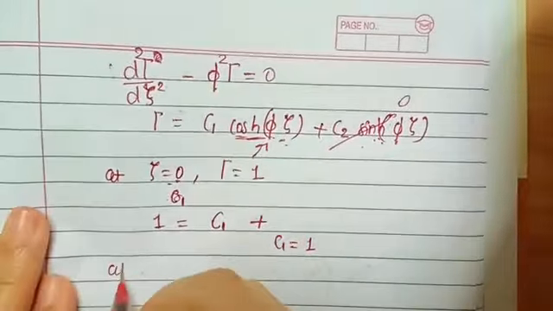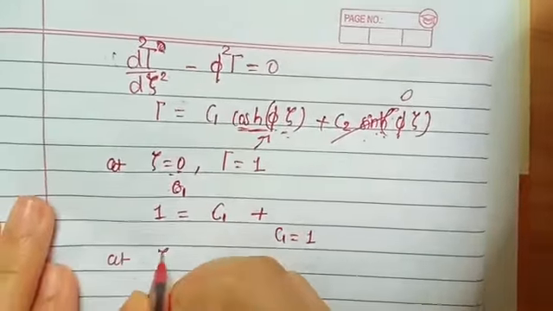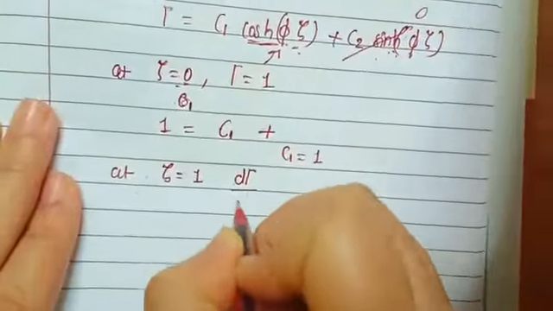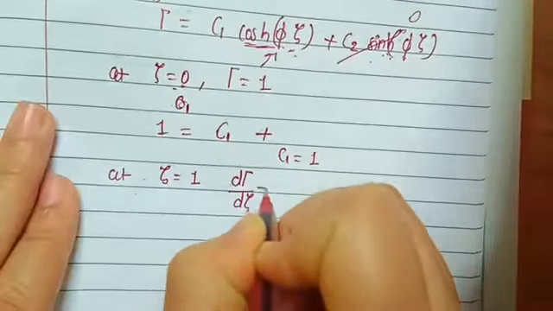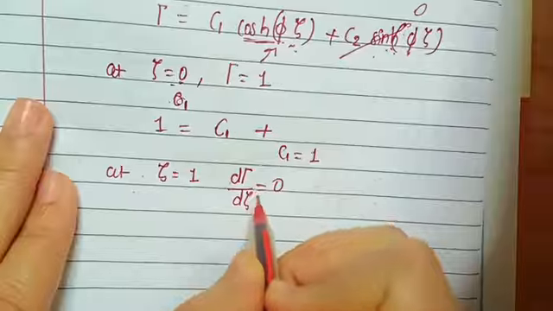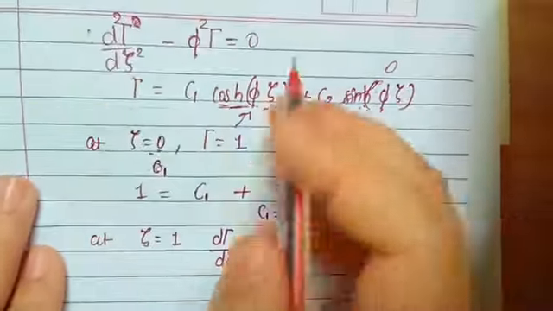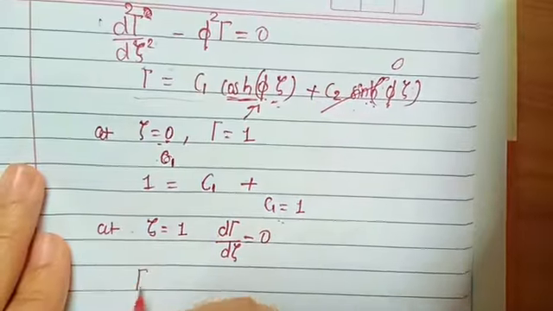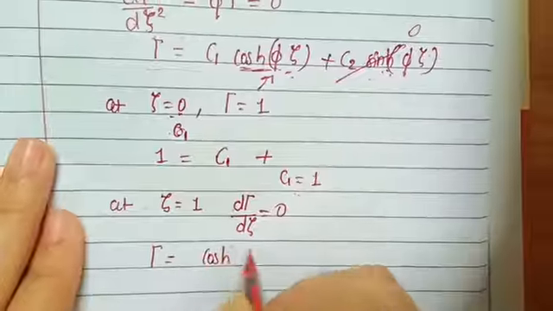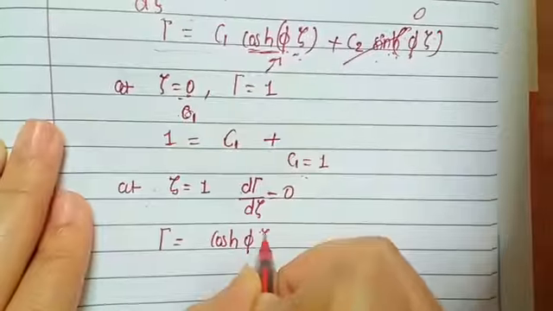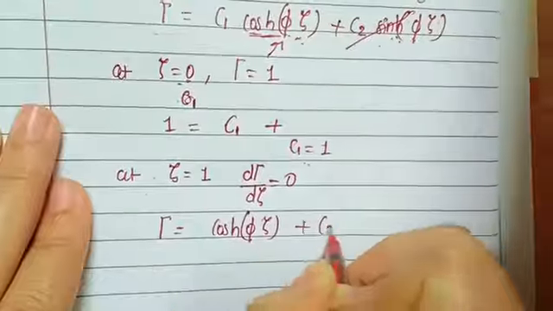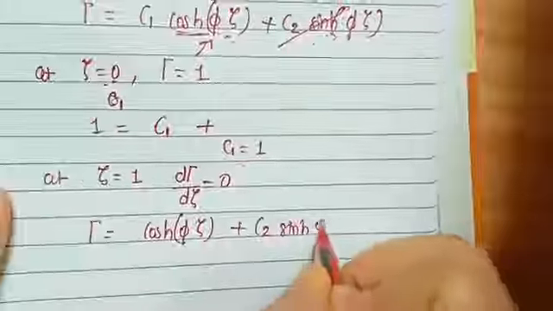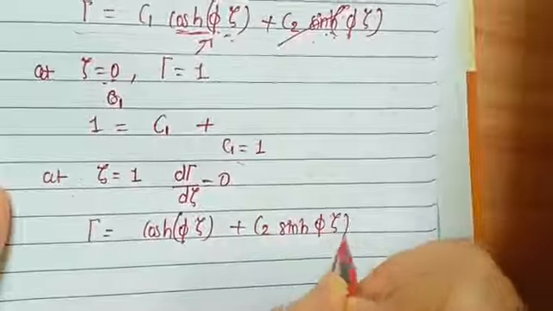The next boundary condition is at zeta equals 1, dgamma upon dzeta equals 0. So we need to take the differentiation of this equation. We can write this equation after putting the value of C1: gamma is equal to cosh phi zeta plus C2 into sinh phi zeta.